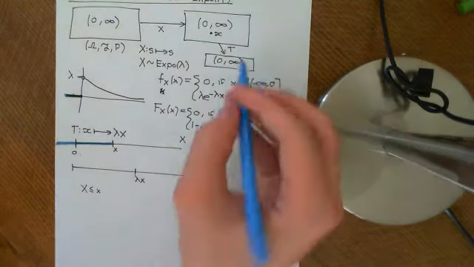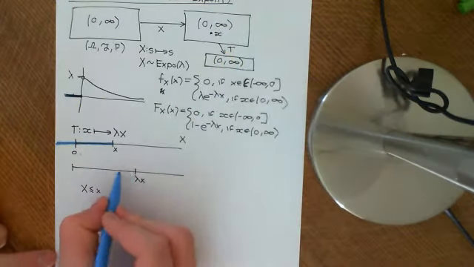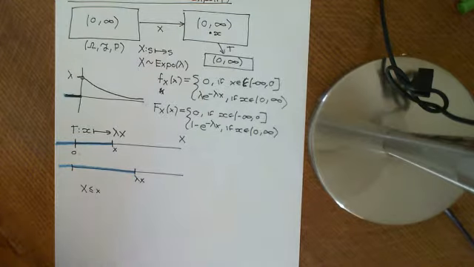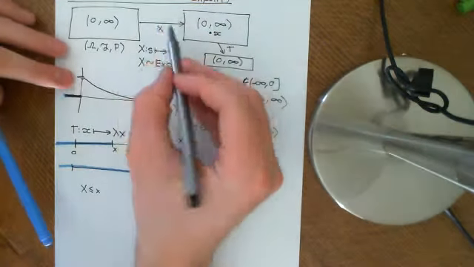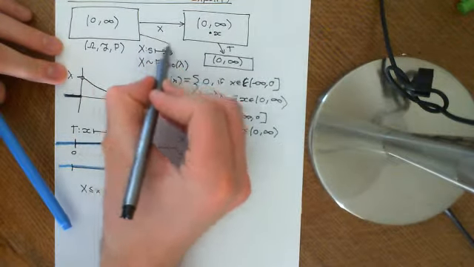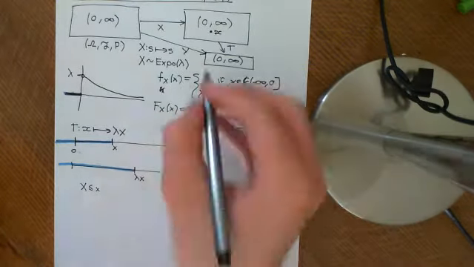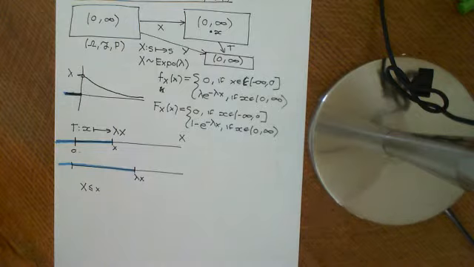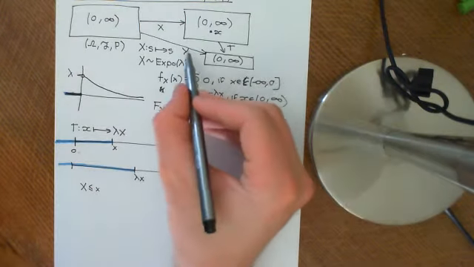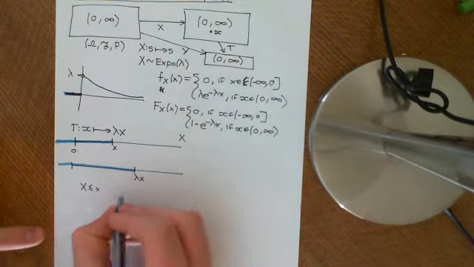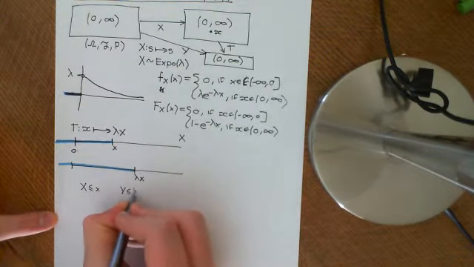The corresponding event in here is the event that Y. Let's call the composition of these two maps, the composition of X and T, a new random variable, and we'll call that random variable Y. So Y is the composition of X and then T. The corresponding event for the random variable Y is going to be the event that Y is less than or equal to lambda times x.